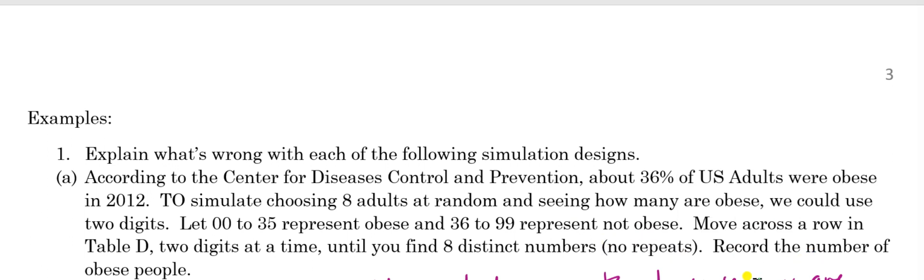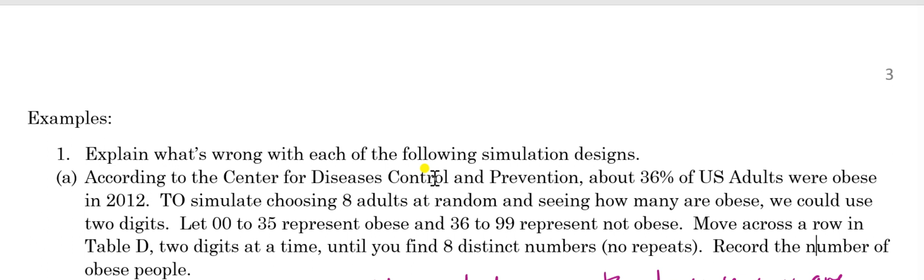So here's the deal. We're picking a sample of 8 people, but it's not like they told us, hey, out of 100 people, exactly 36 of them are obese. Like, here are their names: Frank, Janet, Frederick, they're all obese.